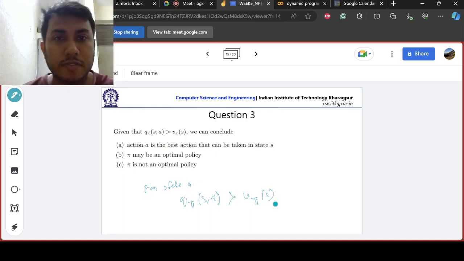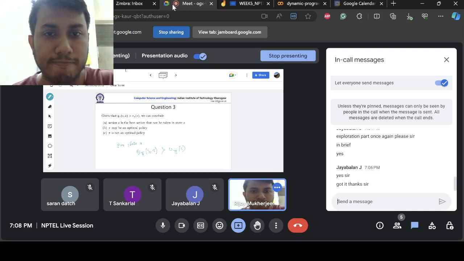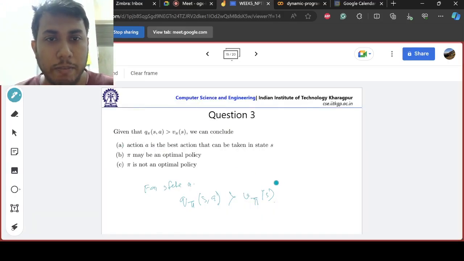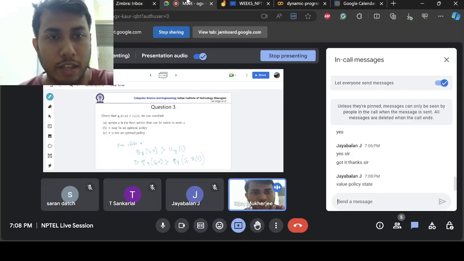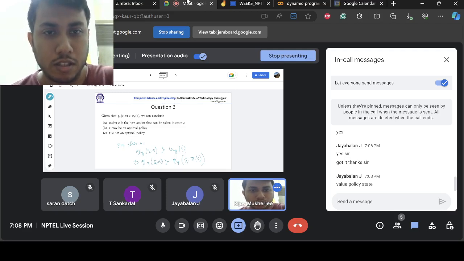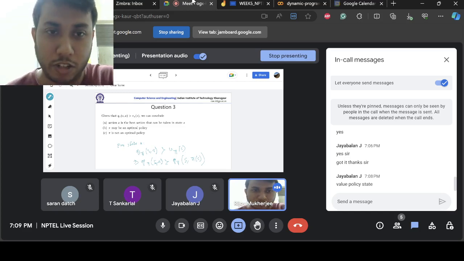What is v pi of s? We can write v pi as q pi of s comma pi of s, right? This is what we are saying. What is this? Sorry, this is your action value function.